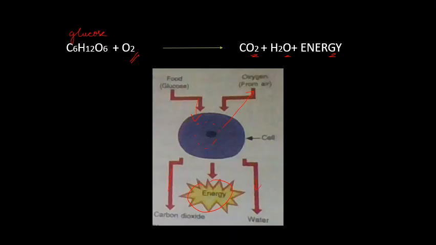Carbon dioxide is the real waste, so it has to be eliminated by exhalation. Whereas the water is very beneficial to the organism as it is the solvent and also it helps to maintain the body temperature. So the whole process takes place inside the cell, so we call it cellular respiration.